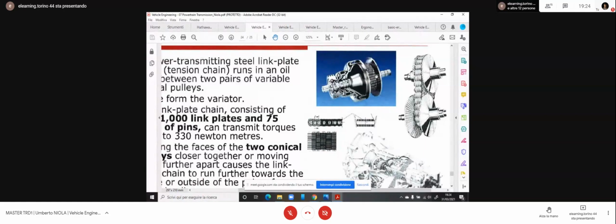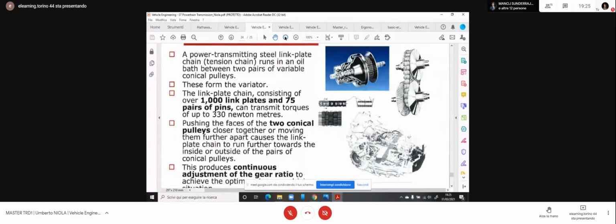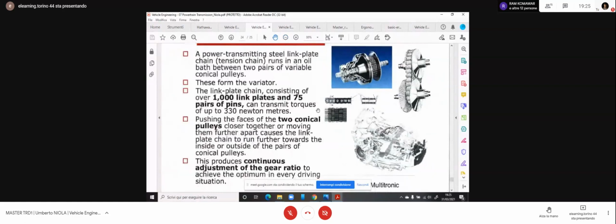All these plates are used for engaging, but engaging in the grooved, radial grooved part of the pulley. So all of them are evolutions of the basic concept of having a continuously variable transmission. Okay.